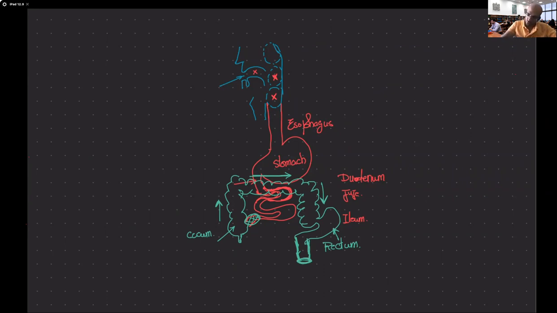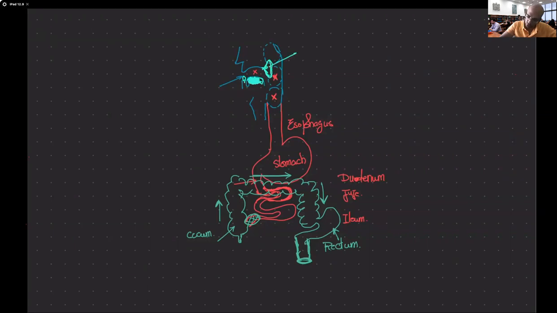Accessory organs that will be associated with the digestive tract or the gastrointestinal tract. We've got the tongue, we've got the teeth, we've got the salivary glands. We've got three different sets of salivary glands.